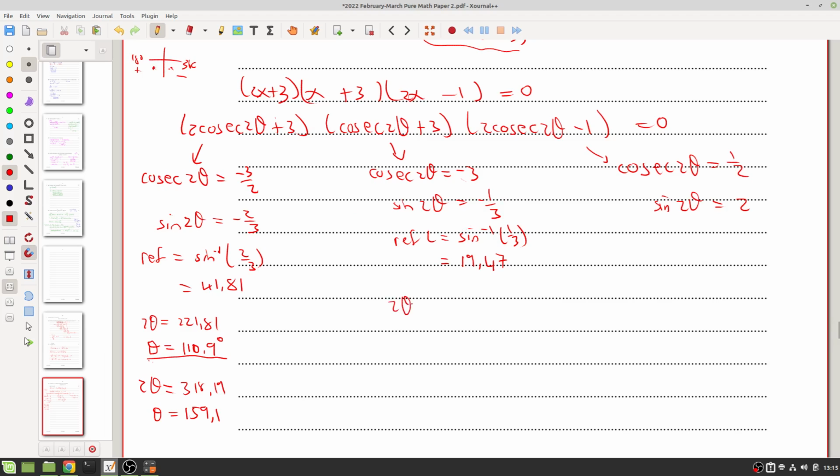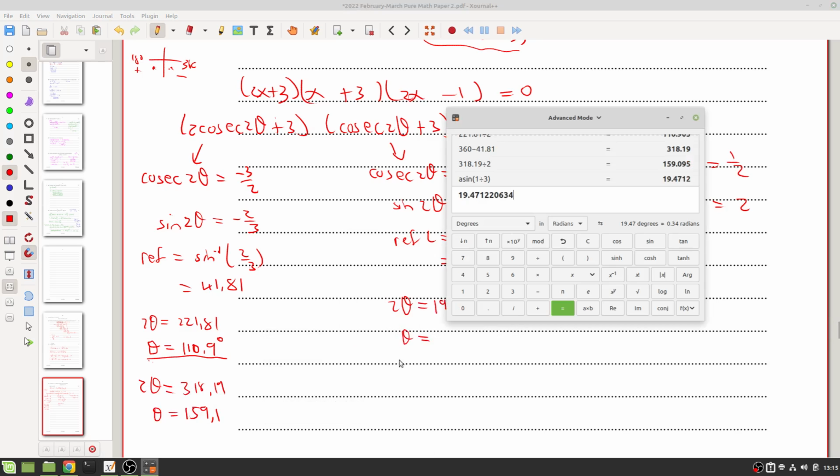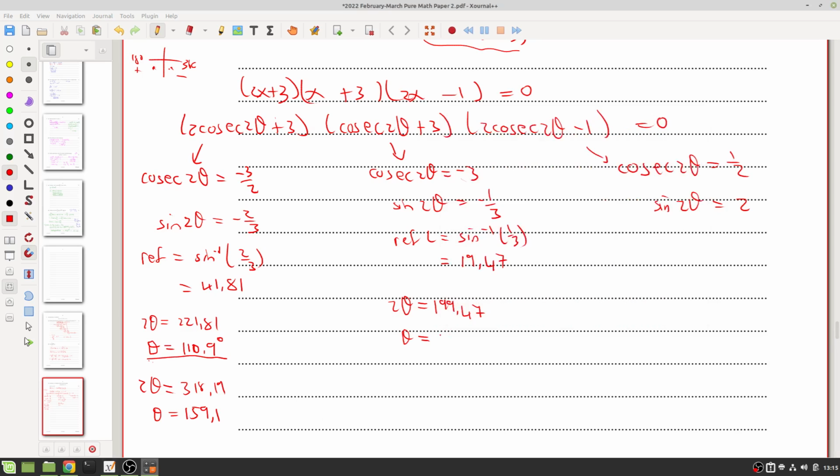So 2 theta equals 180 plus, so that's 199.47, which means that theta equals that divided by 2. So 199.47 divided by 2, 99.73. So 99.74 or something. Doesn't really matter too much. So that is fine. That's between 0 and 135.